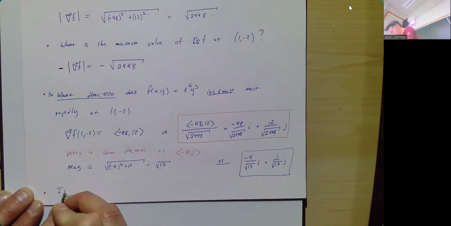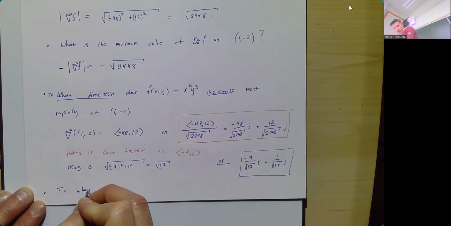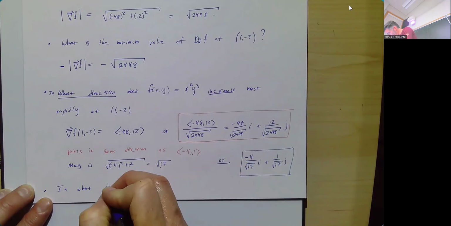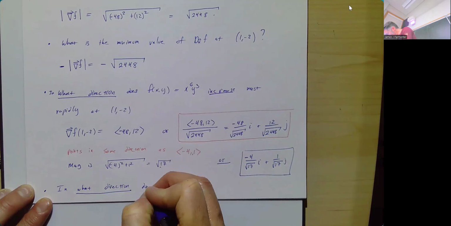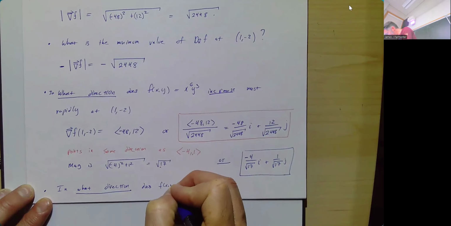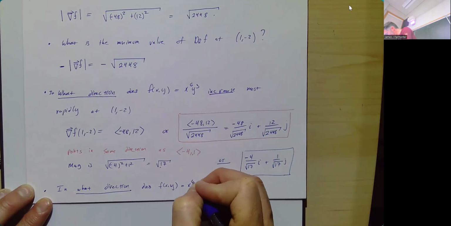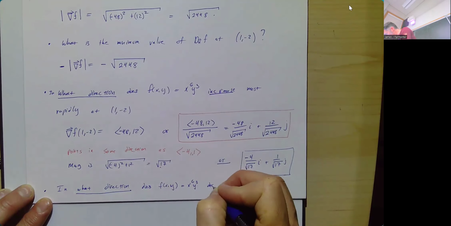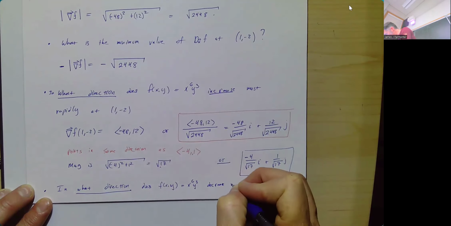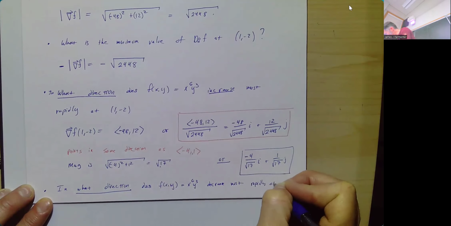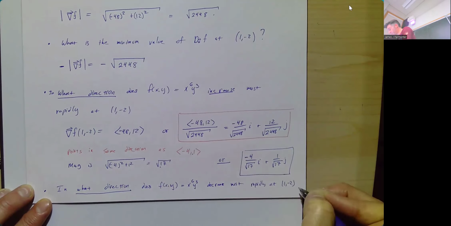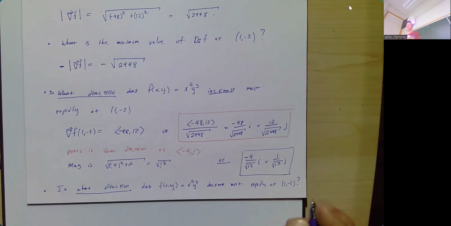Okay, last question about this particular example. In what direction does f of x, y equal to x to the 6 y cubed decrease most rapidly at the same point? All right, the same thing I said before still applies.